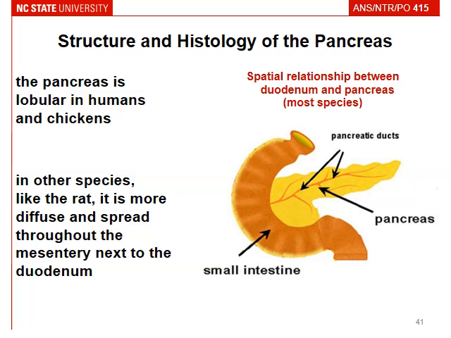So it's very easy to find in both humans and chickens. However, in some other species like the rat, it's much more diffuse and spread throughout the mesentery, or the connective tissue next to the duodenum. So it really depends on the species where the pancreas is.